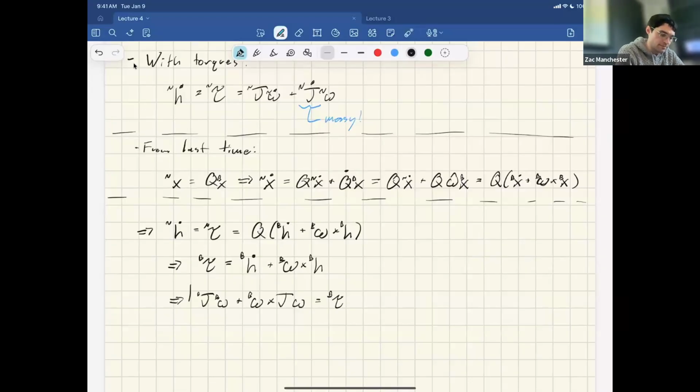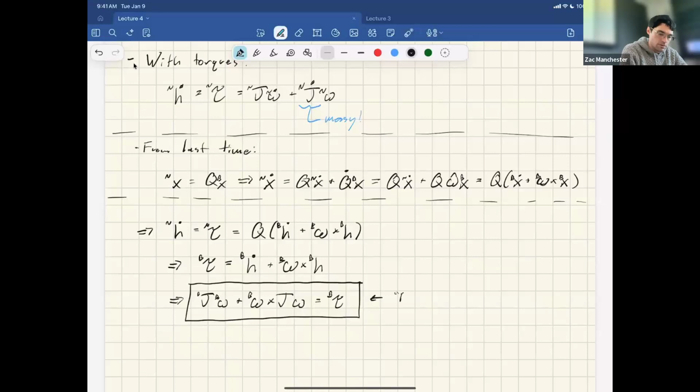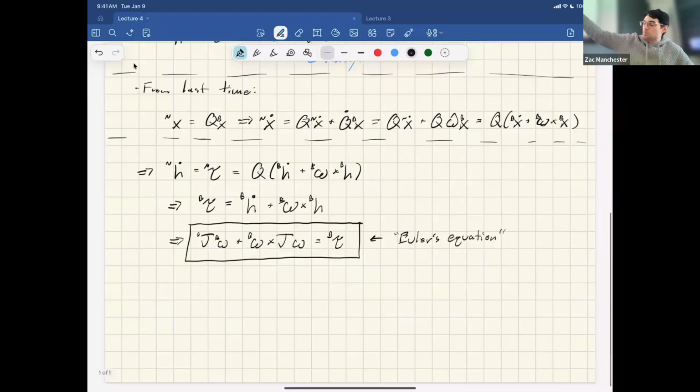Okay, so this is it. That's what we were after. This is Euler's equation for, I guess, forced rigid body, right?